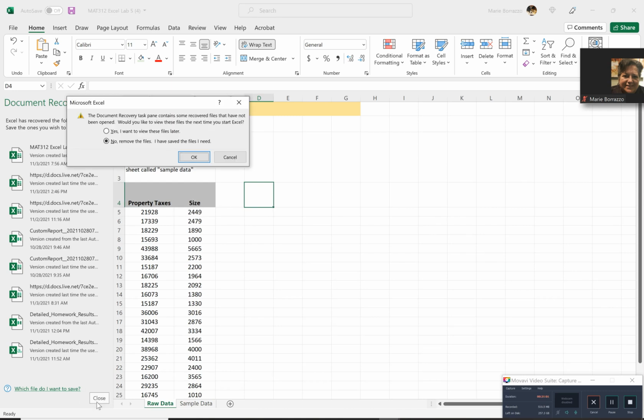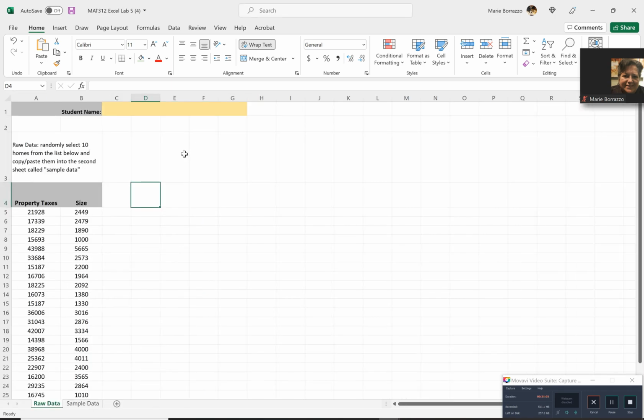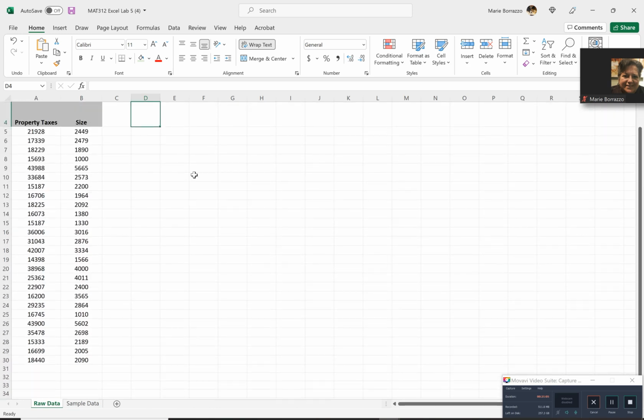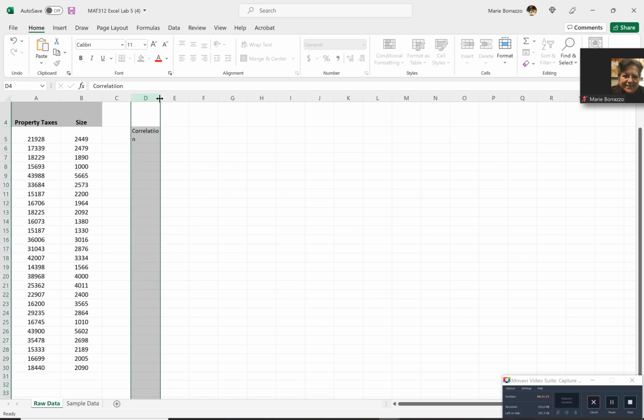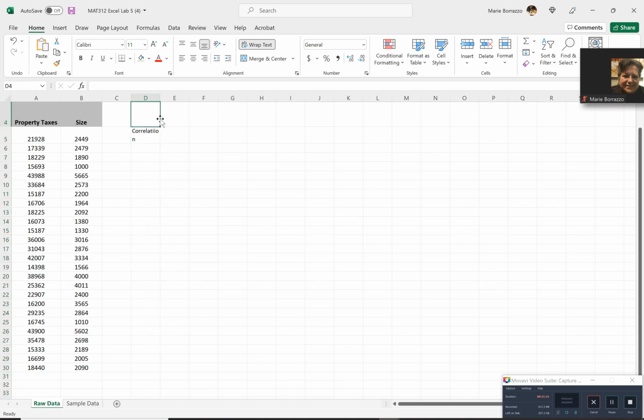I can use the data from our real estate example. So if I want to find the correlation coefficient, and I showed you on Excel how to use this and interpret this. All right, this is the correlation coefficient.